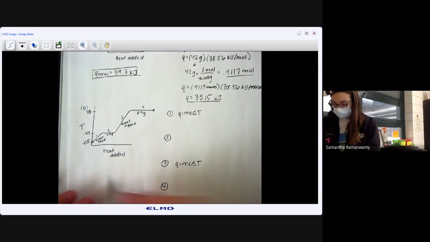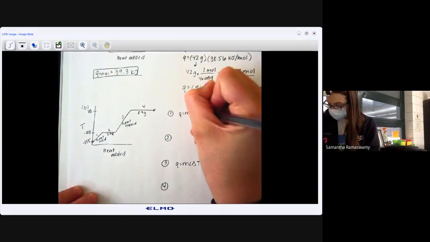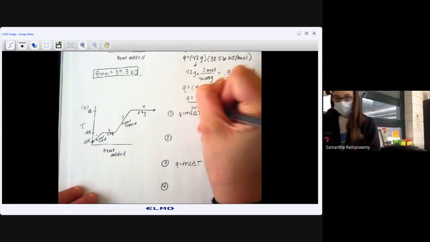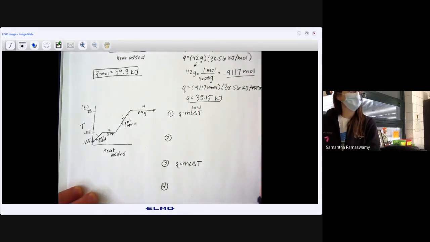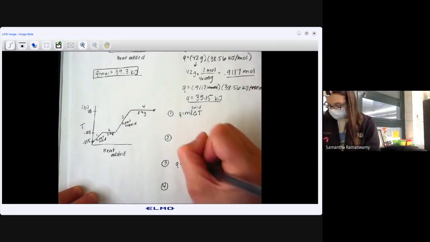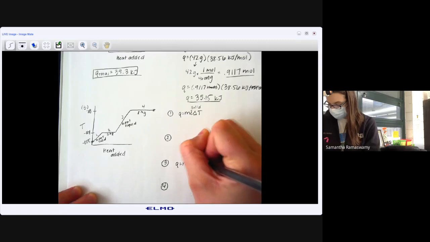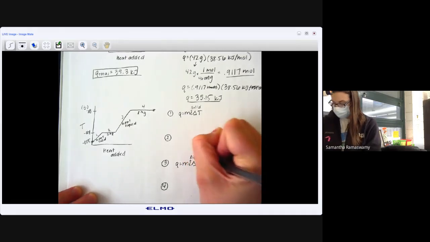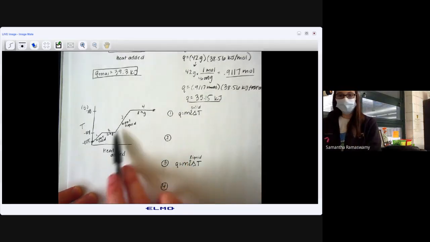So in number 1, we're heating up a solid, so the specific heat in calculation 1 should be the specific heat of the solid. The specific heat in calculation number 3 should be that of the liquid, because now we're heating up the liquid.